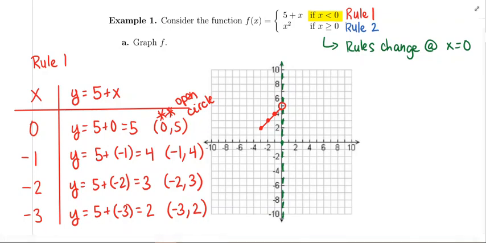However, this rule applies for x values less than 0, all x values less than 0. So remember, over here you have x values, see where my cursor is? All these x values are less than 0. So what that tells us is the graph is going to continue this way forever. And you need to put that on there.